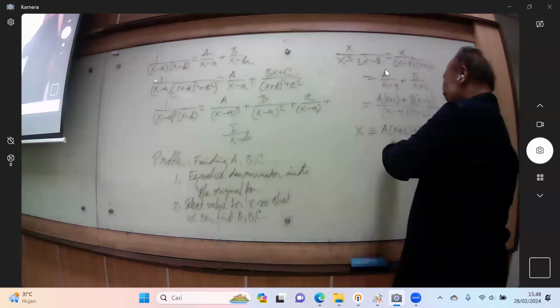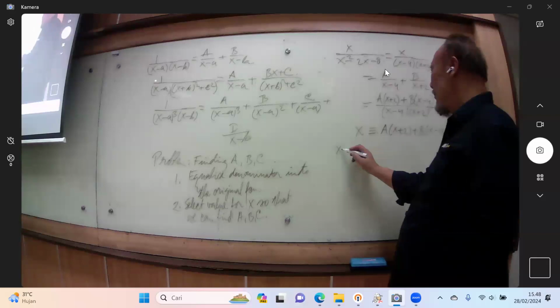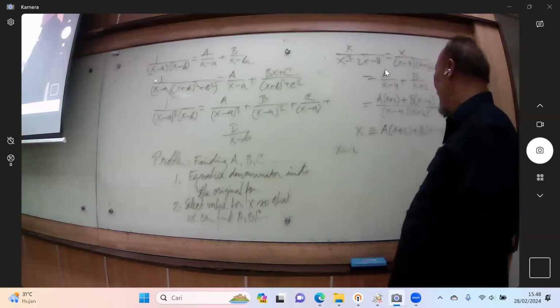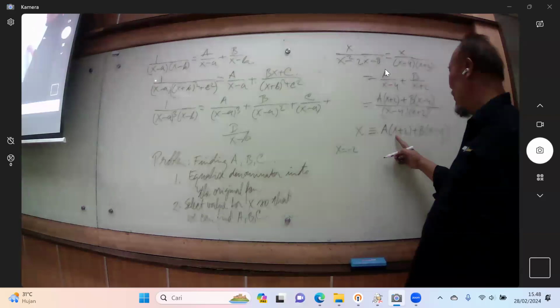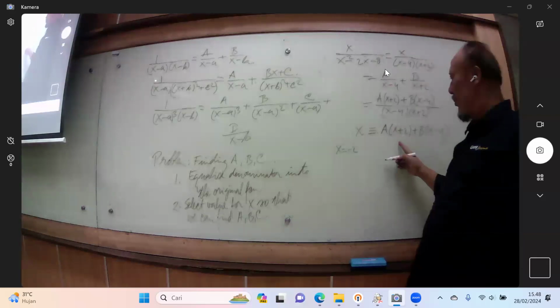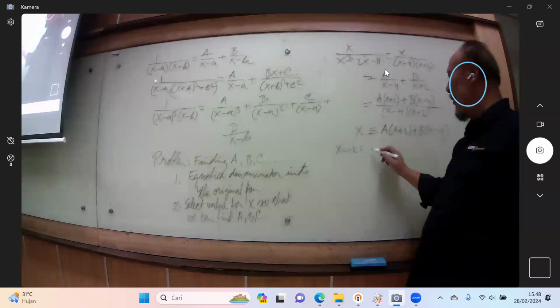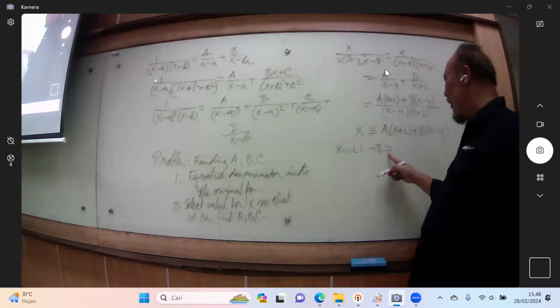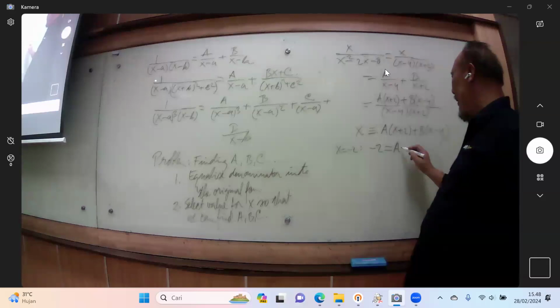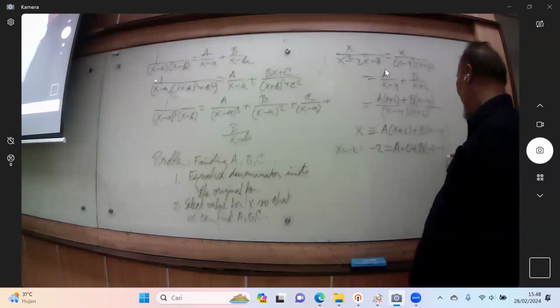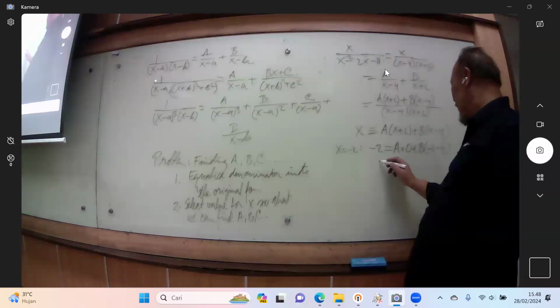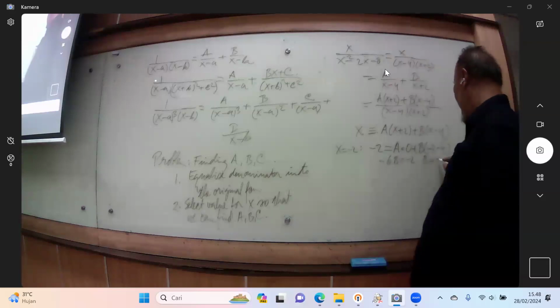Now we select x to find a and b. For example, if we select x equals minus 2, why minus 2? Because then x plus 2 becomes 0. So what we have now is minus 2 equals a multiplied by 0 plus b times (minus 2 minus 4), so it's minus 6b. So b is minus 2 divided by minus 6, which is 1/3.